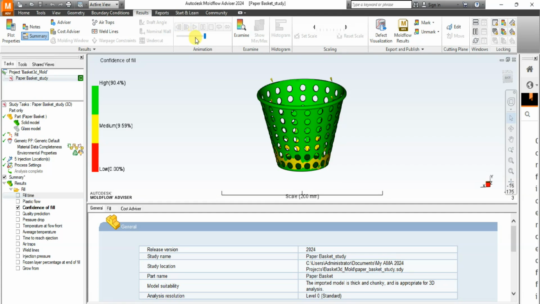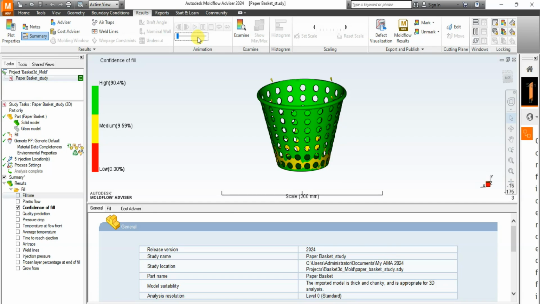In this particular result section, which is one of the functionalities of this object, the confidence of fill result shows the probability of plastic filling, how the plastic fills a region within the cavity. This is very, very important, and we should take note of that.